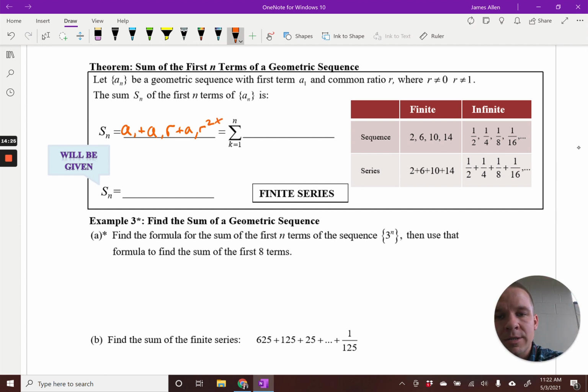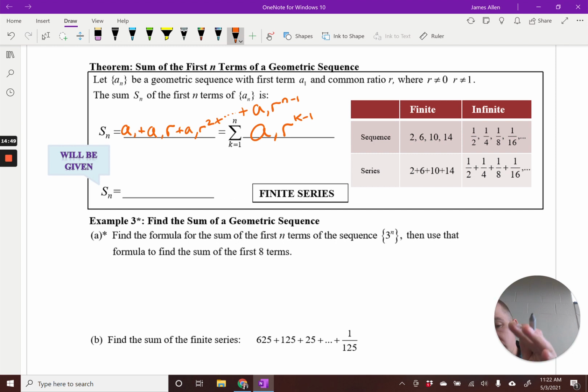And then plus, we'll generalize this, a sub 1 r to the n minus 1. Okay? That would take care of everything, no matter how many terms. So my sum, if we plug that in, then we could use our calculators for this. A sub 1 times r to the k minus 1 within my summation.